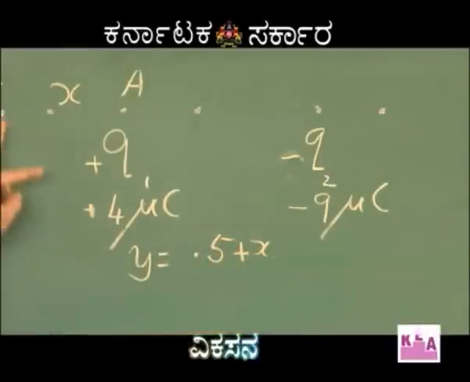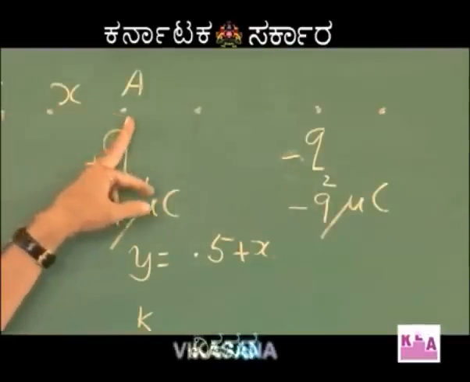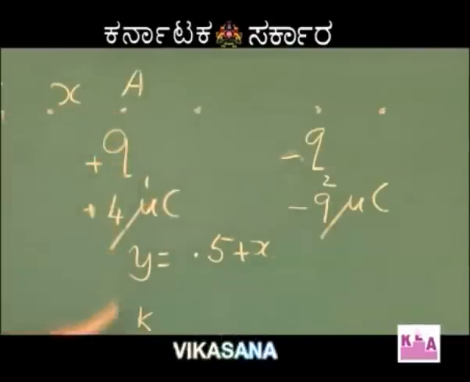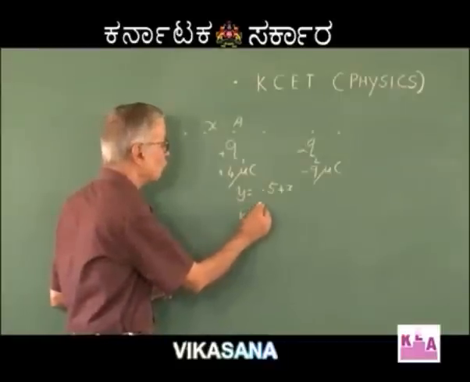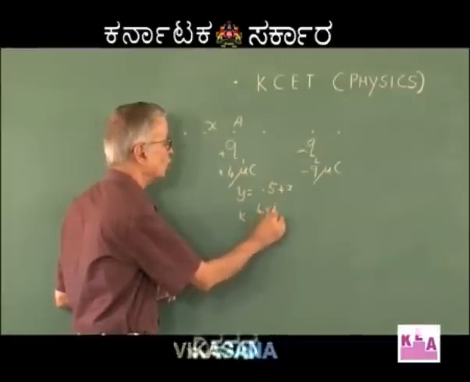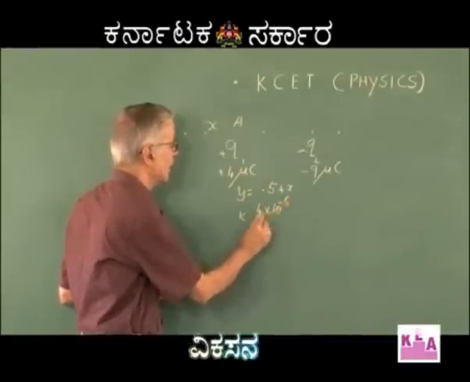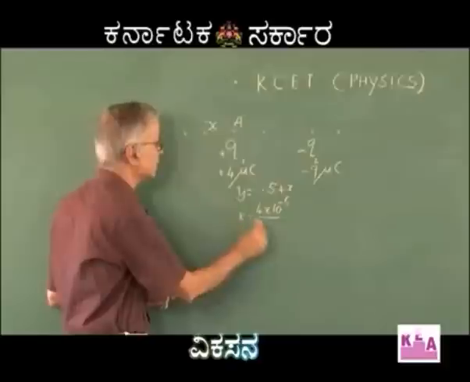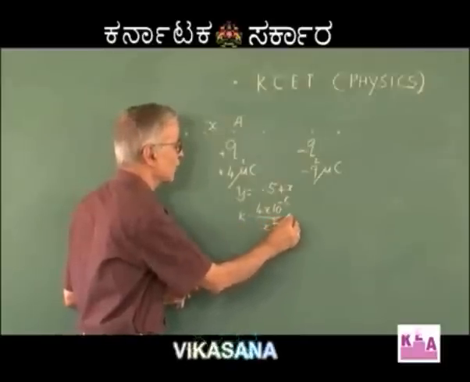If the resultant intensity should be 0 over here, the intensities due to the two charges should be numerically equal. Therefore, I am calculating the intensity here due to the charge at A: K into 4 into 10 raised to minus 6 divided by the distance, x squared.